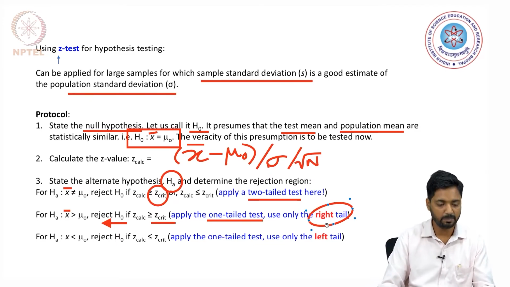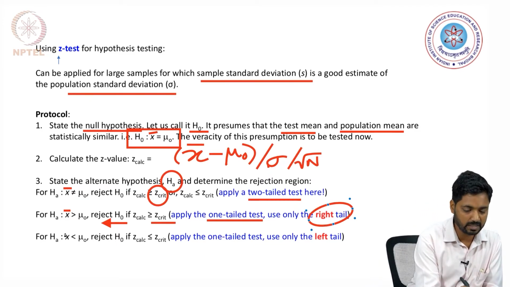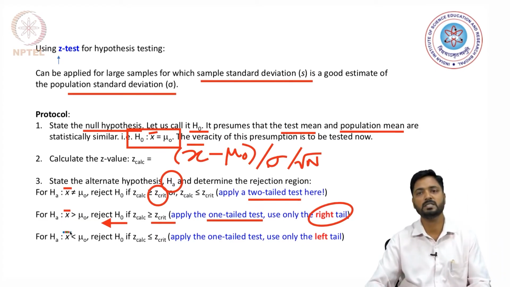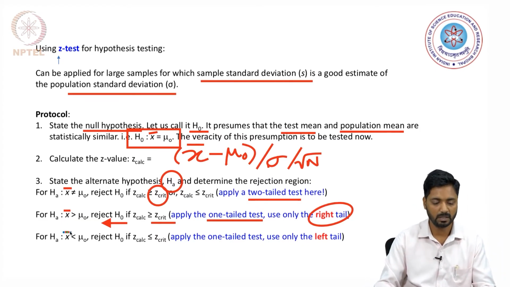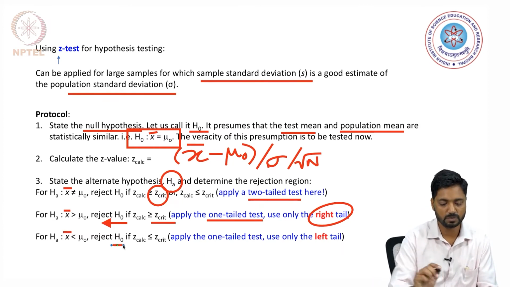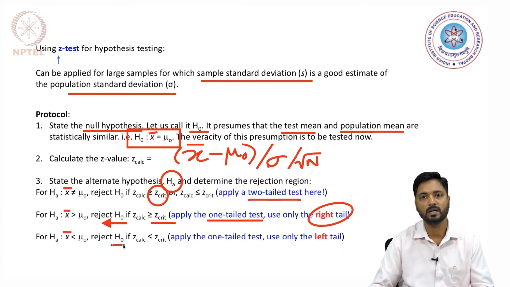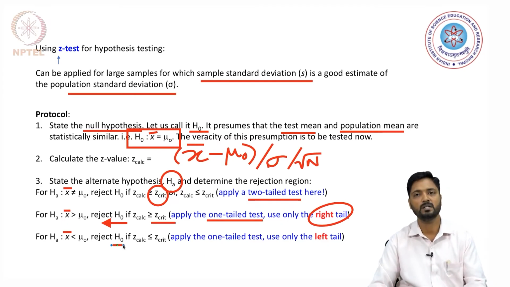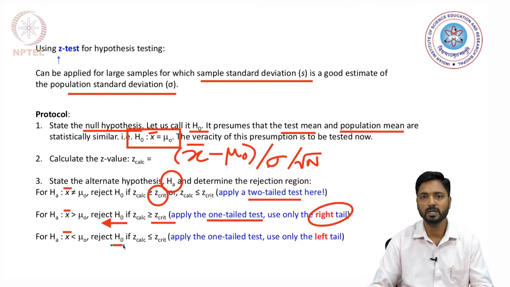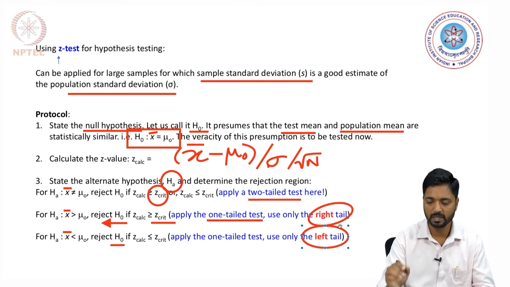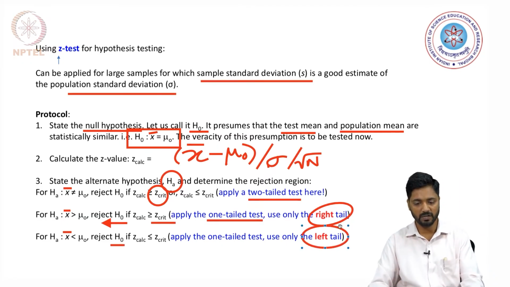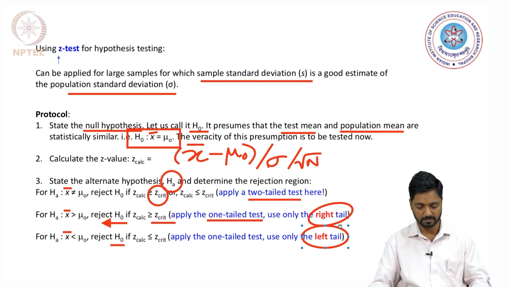If the alternate hypothesis is that the sample mean is less than the population mean, in those cases the null hypothesis is to be rejected if the z calculated is less than the z critical value at a certain confidence level, and again we will be using only one of the tails, which is the left tail, in this test.